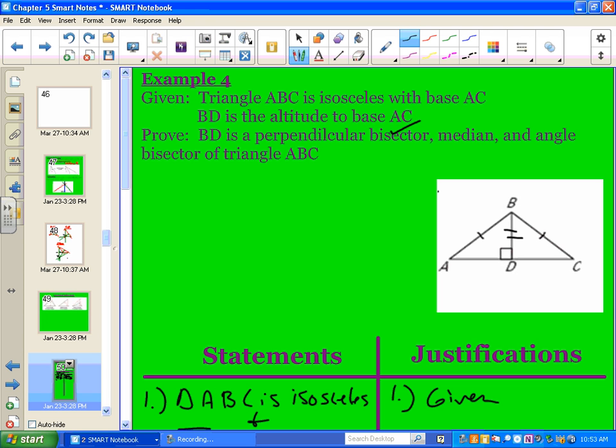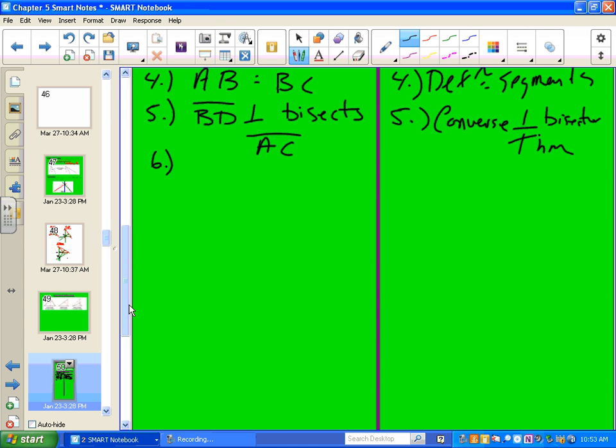Since BD is a perpendicular bisector, what does that mean? Sarah. Good, D is a midpoint of AC. Justification, Sarah. Good, definition, perpendicular bisector.